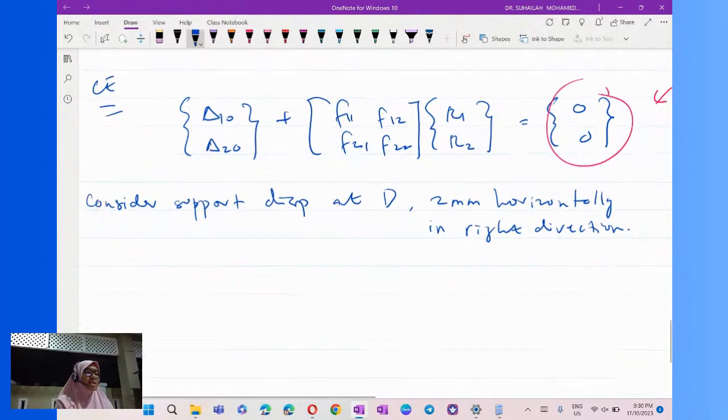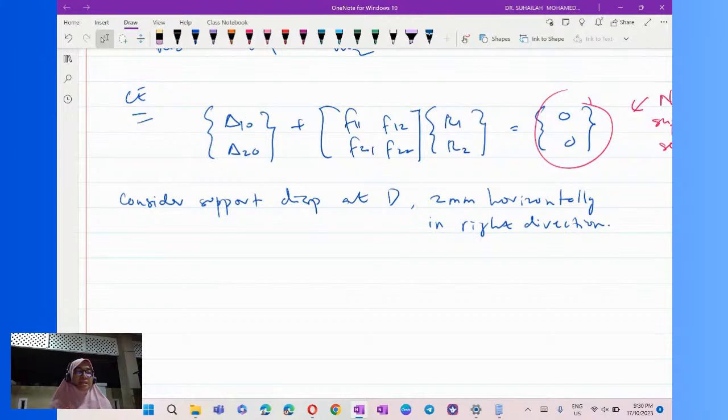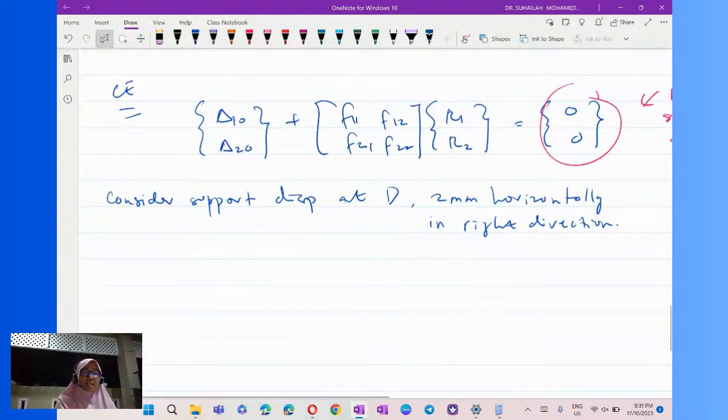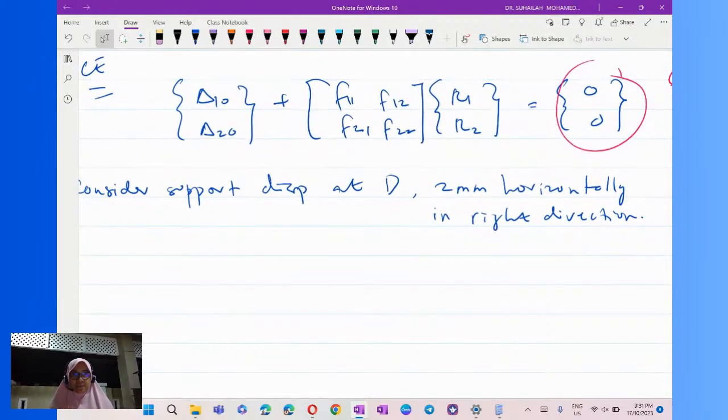This is an example of support settlement, support displacement, slip, or rotational displacement mentioned in the question. Consider support displacement at D: it is 2 mm horizontally in the right direction.